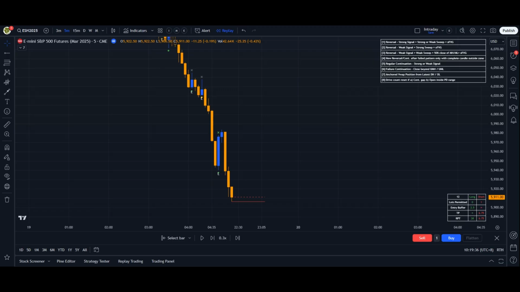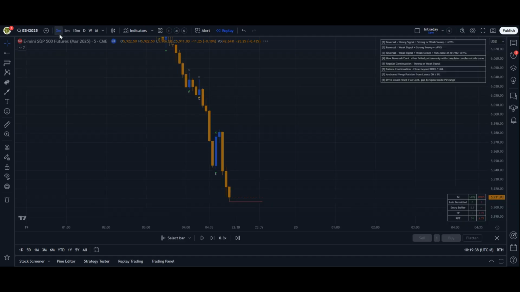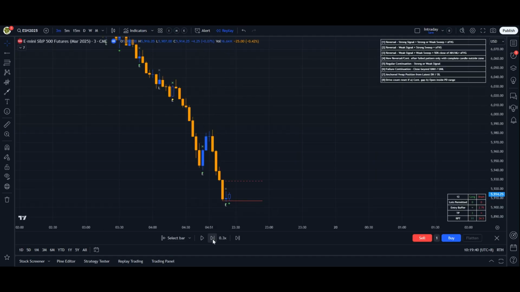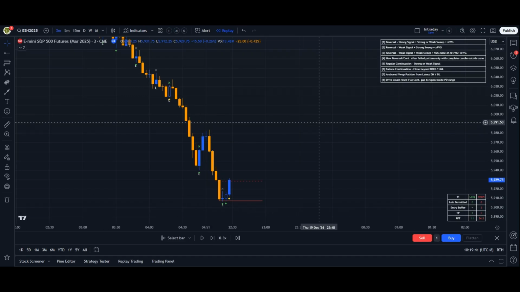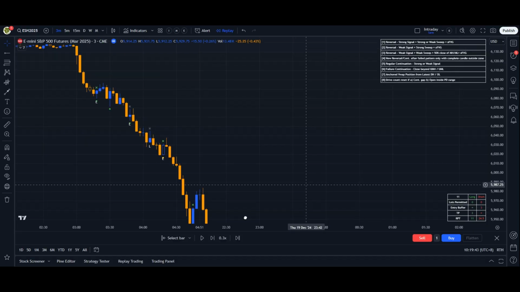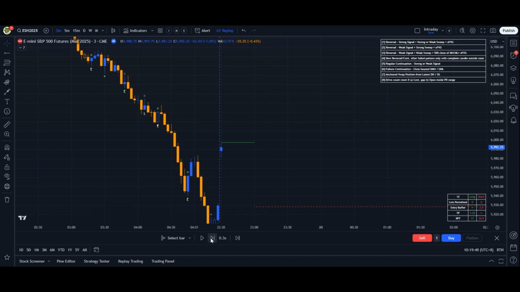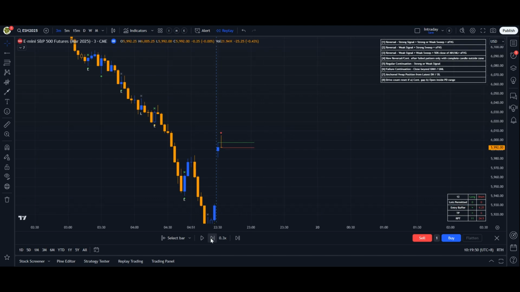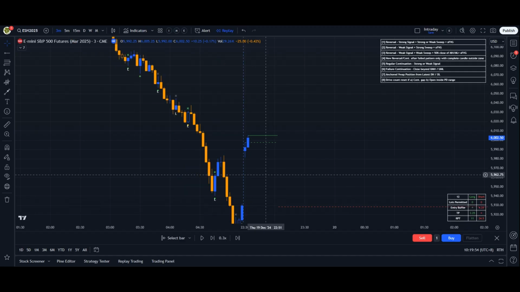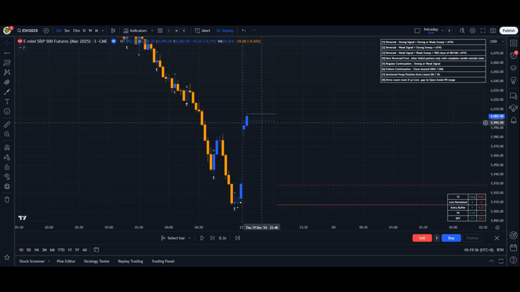So let's now play out how the day went. The market opened with a gap up, and it started printing some of these. So like I said, now the relevant lows and highs to be taken are getting printed automatically.